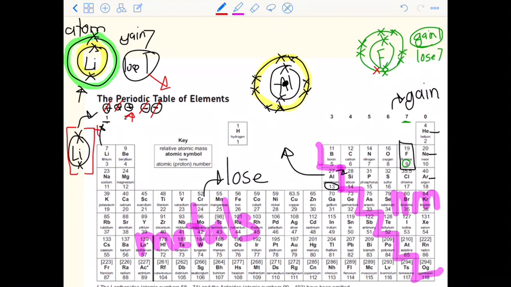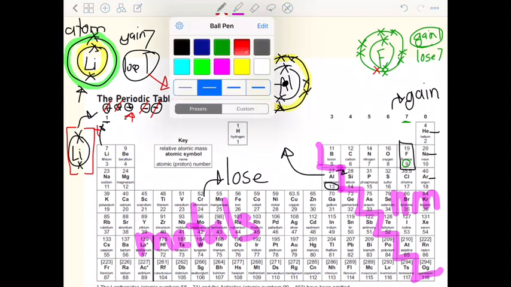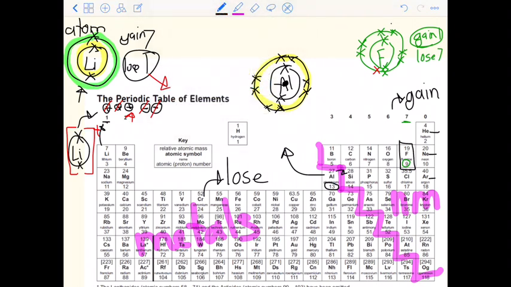Whereas this fluorine over here, it will have 9 protons because that hasn't changed. So 1, 2, 3, 4, 5, 6, 7, 8, 9. But it's gained an extra electron, so it will have 10 electrons. 1, 2, 3, 4, 5, 6, 7, 8, 9, 10.